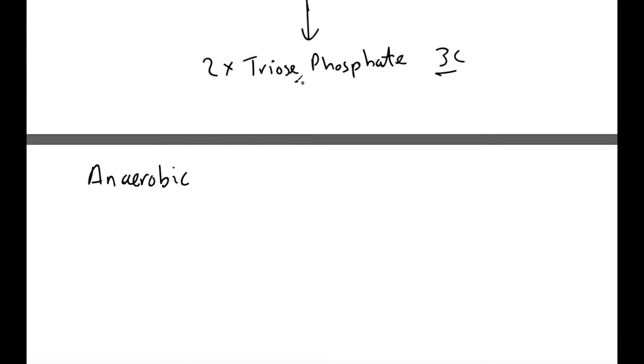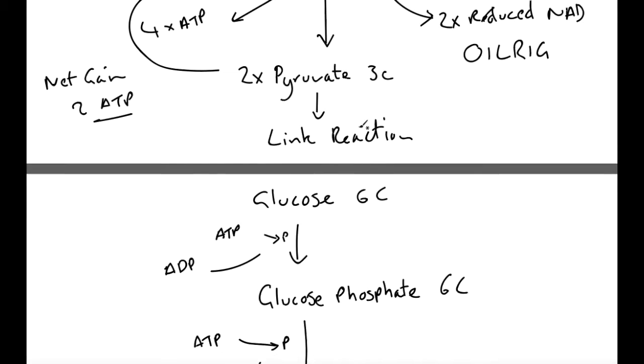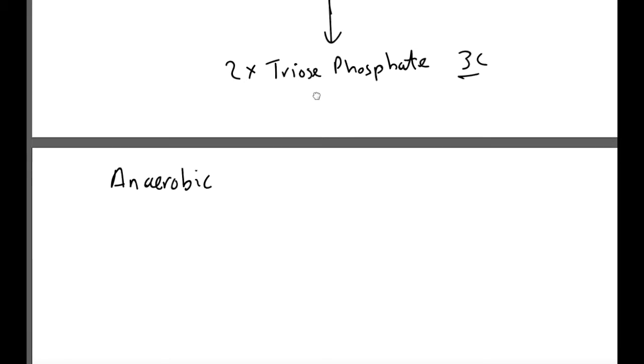But in the case of anaerobic respiration, these products, the pyruvate, is recycled and goes back again. So anaerobic respiration only deals with glycolysis, and it takes place differently depending on what organism it is.